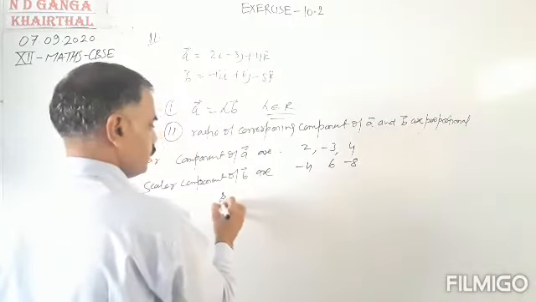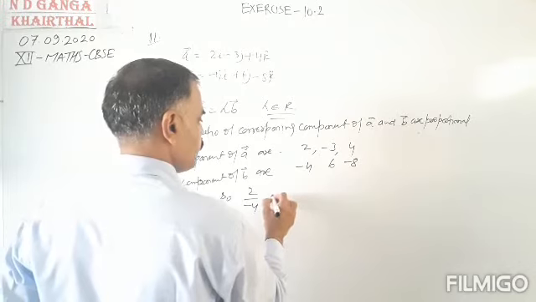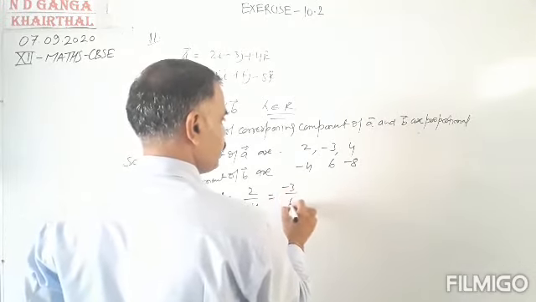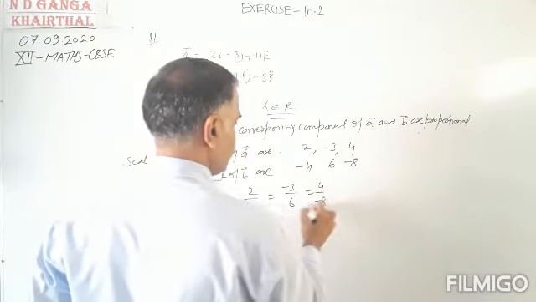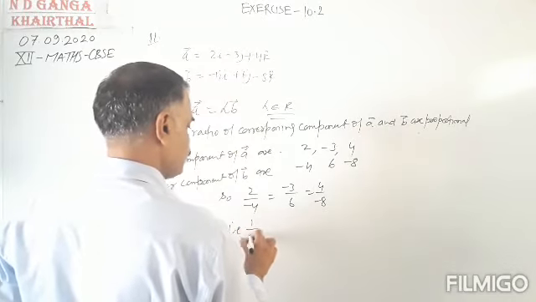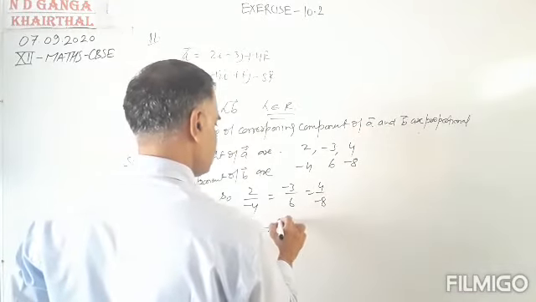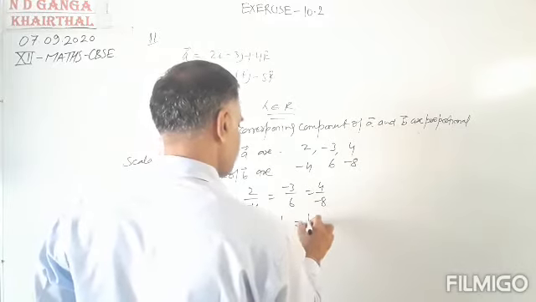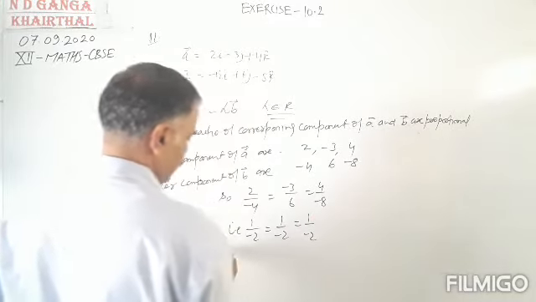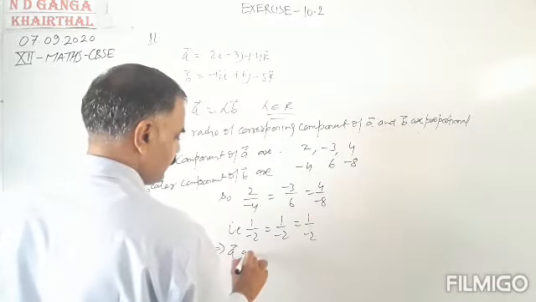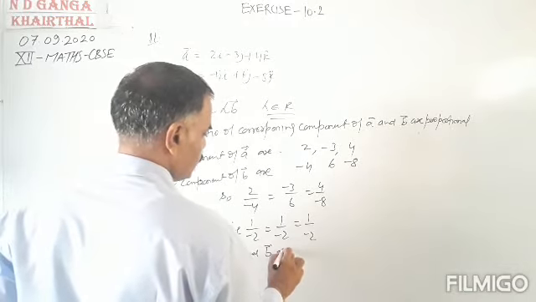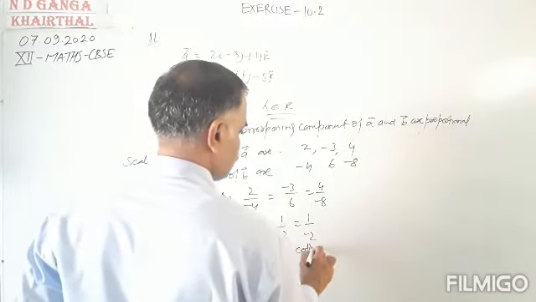So 2 upon -4 is equal to -3 upon 6 is equal to 4 upon -8, that is 1 upon -2 is equal to 1 upon -2 is equal to 1 upon -2. This implies that a vector and b vector are collinear vectors.